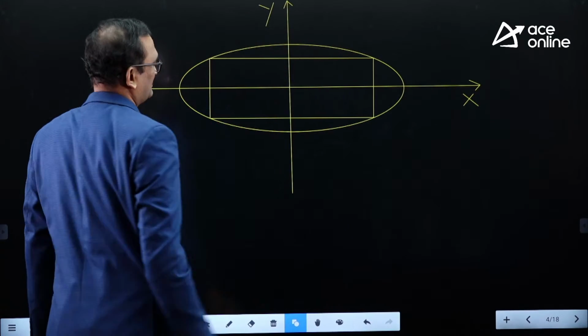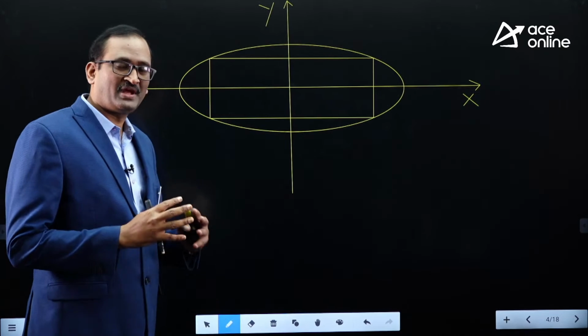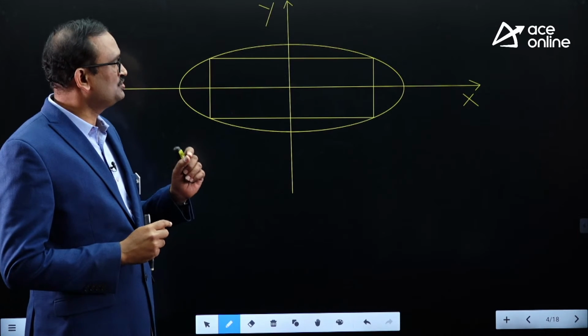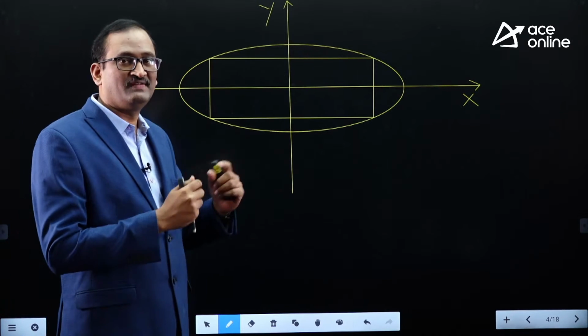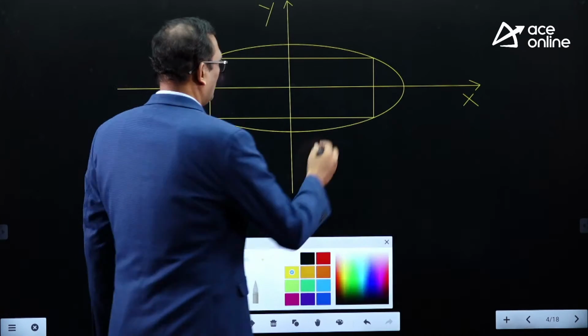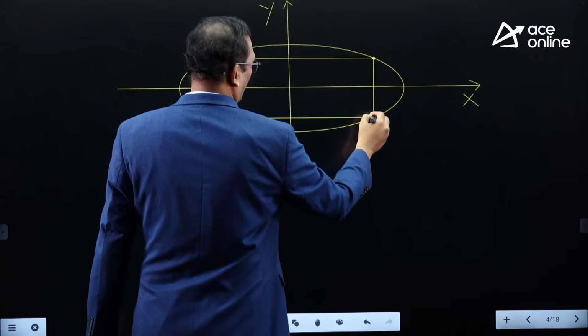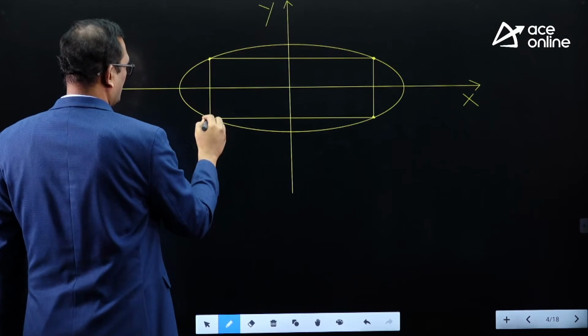X-axis, y-axis. The maximum area of the rectangle whose vertices, this is a rough sketch only, the vertices of the rectangle will lie on the ellipse.